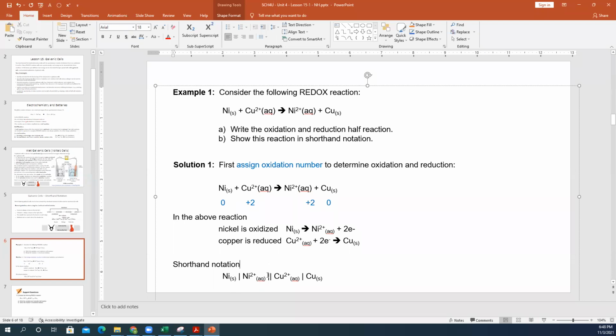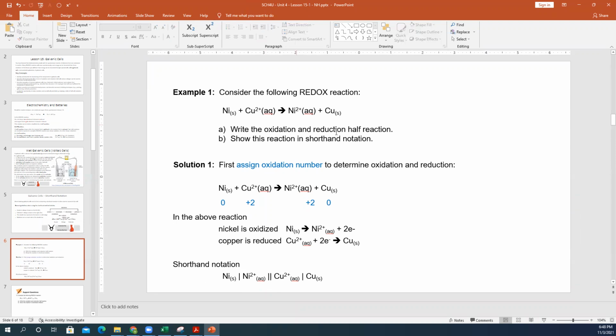And on the other half cell, separated by 2 vertical lines, we have copper ion reduced to copper atoms, separated by a single line. So that is the shorthand notation for that oxidation reduction reaction for this complete net ionic equation.